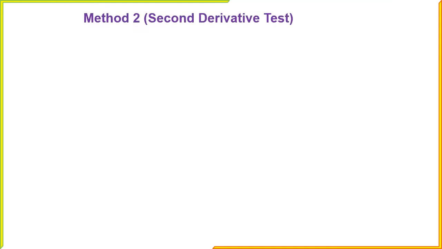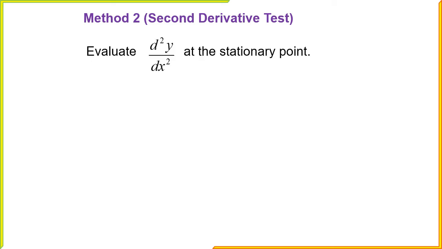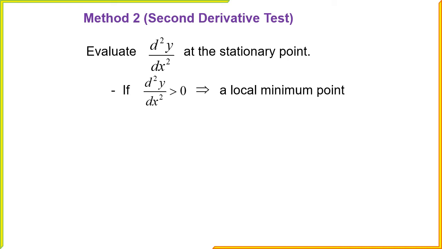Okay, method 2. We have another method to check the nature of the stationary points. The second method is to evaluate the second derivative at the stationary point. If we get d2y/dx squared, the second derivative, and substitute the value of x and get more than 0, then it is a local minimum point.